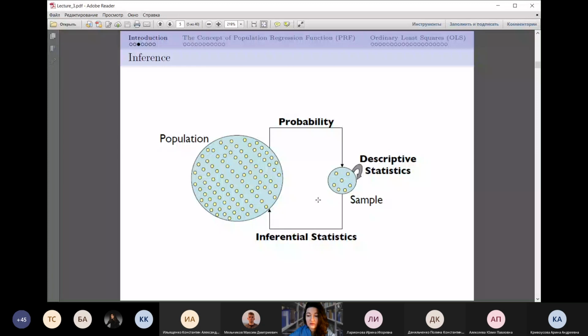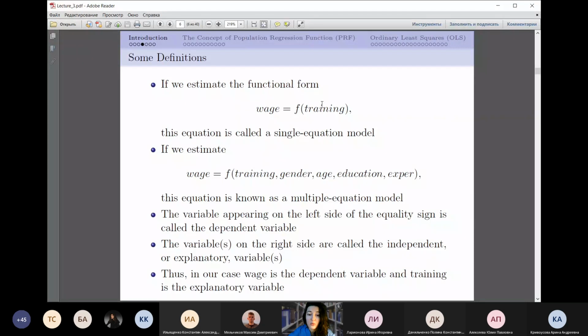And if you remember our example from the previous lecture, about training and the wage level, we discussed previous time that as economists, we are interested in questions such as: if one variable, in our example this is training, changes in some certain way, by how much will another variable, let's say the level of the wage, change.